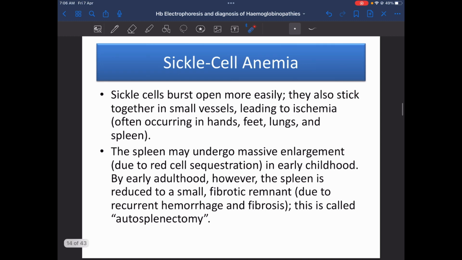Okay, so now we talk about why the spleen is so important. Remember how we talked about these vaso-occlusive events that occur in sickle cell? Those are going to happen in the spleen more often than any other organ of the body. So when these aggregates occlude the vessels or the capillaries of the spleen, there's going to be blocked blood supply for a small part of the spleen, and what's going to happen is ischemia, necrosis, infarction.